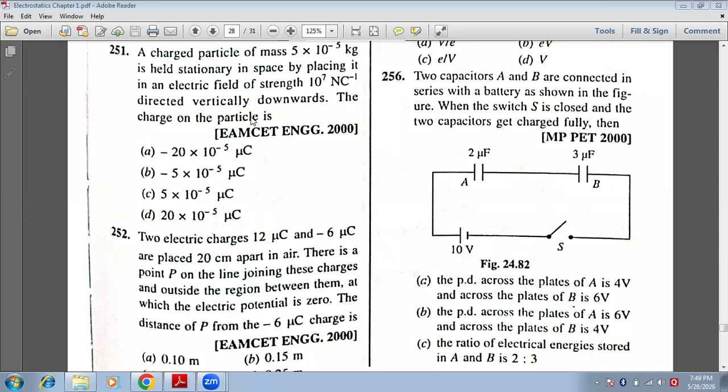The charge on the particle is: option A, -20 × 10^-5 microcoulomb; option B, -5 × 10^-5 microcoulomb; option C, 5 × 10^-5 microcoulomb; option D, 20 × 10^-5 microcoulomb. Correct answer: option B, -5 × 10^-5 microcoulomb.